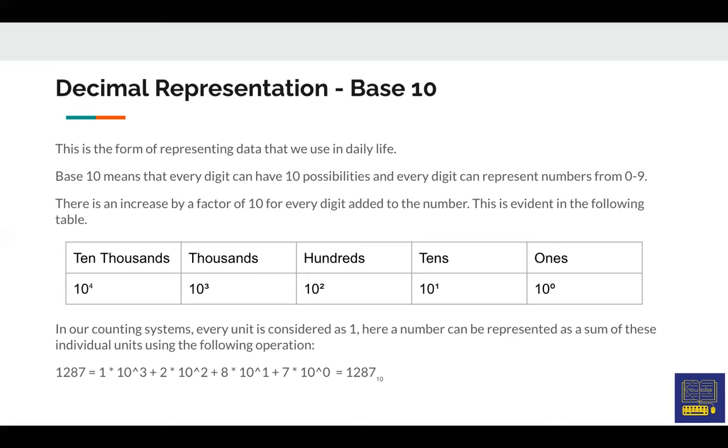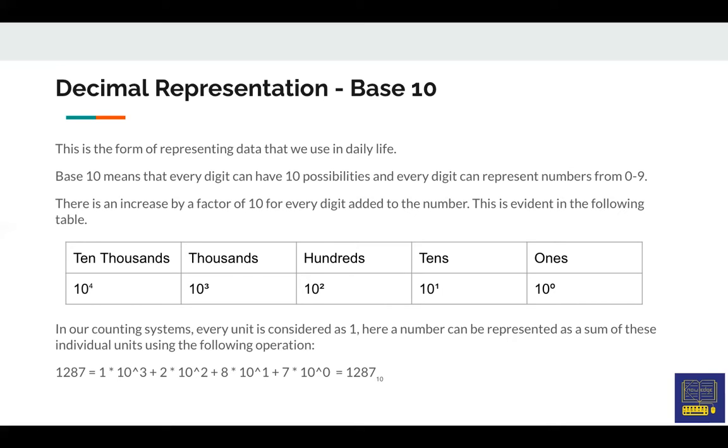All right, consider every one, like one unit, is a particular individual, and just assume that you're counting the number of individuals in a particular group. So say 1287 represents a group of individuals, or a group of units.